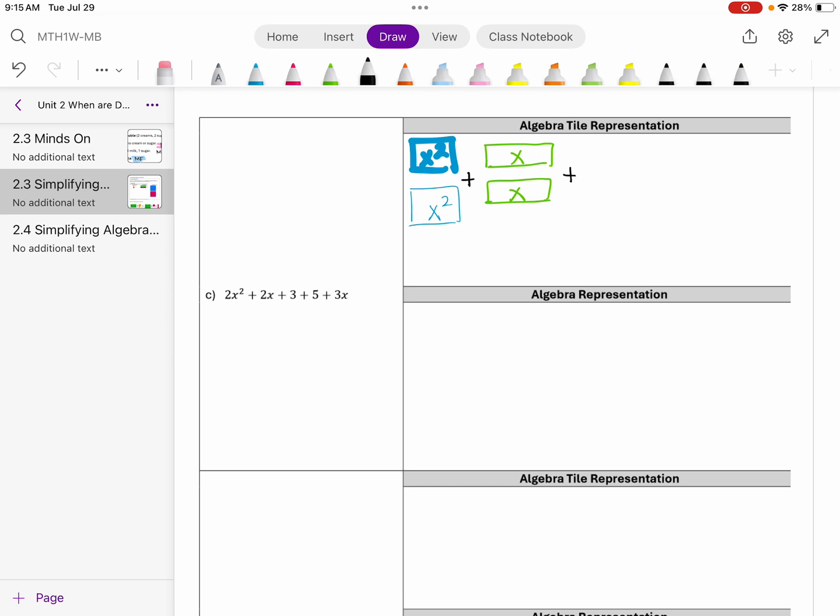I've got 3 unit tiles. I've got 5 unit tiles. And I've got 3 more x tiles.